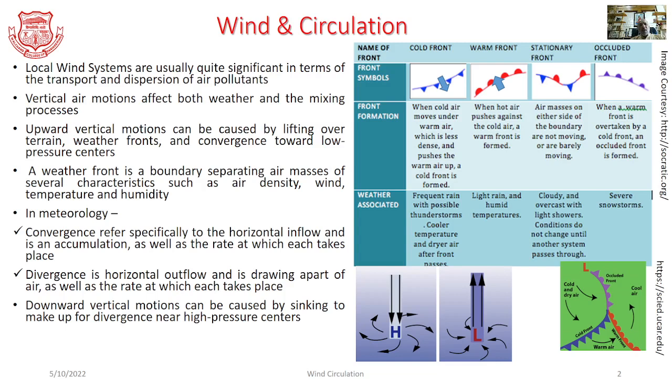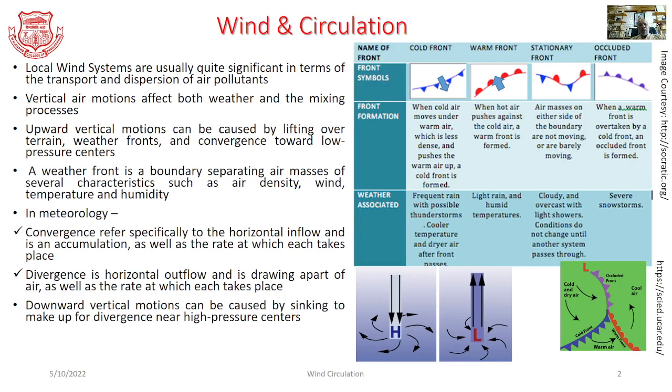Air moves in the horizontal plane as well as in the vertical plane. These vertical motions affect both weather as well as mixing of the pollutants, and sometimes settling as well as resuspension of the pollutant.